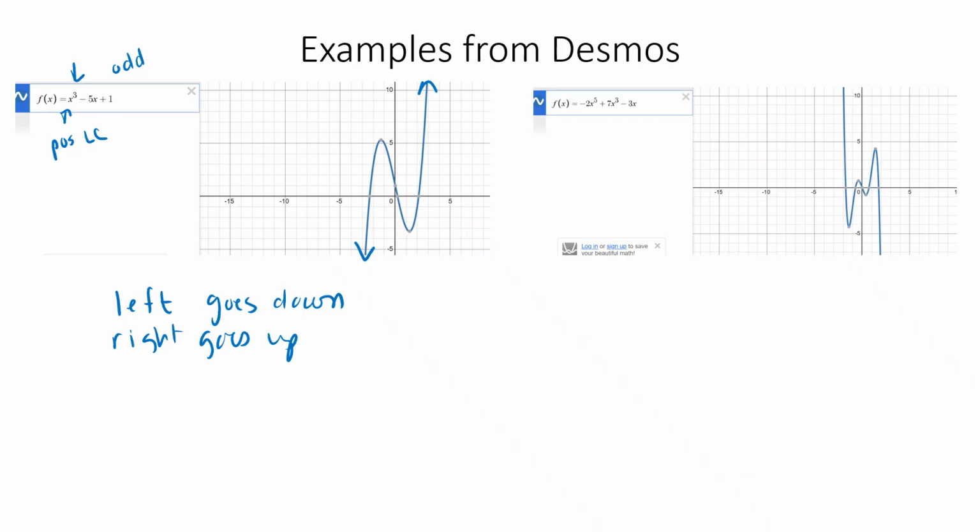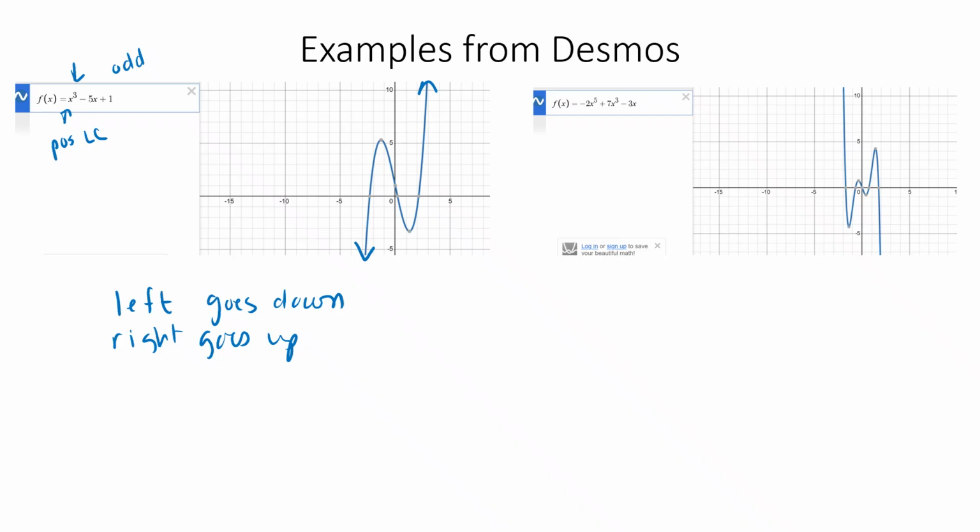There is a more formal way of writing that, which would probably be expected in your advanced placement or college classes, maybe not in an Algebra 2 class. It really depends on the teacher and what the teacher is aiming for. Sometimes for my classes, I'm okay with the left goes down, the right goes up. That's enough information for me to tell that my students are looking at the right thing.